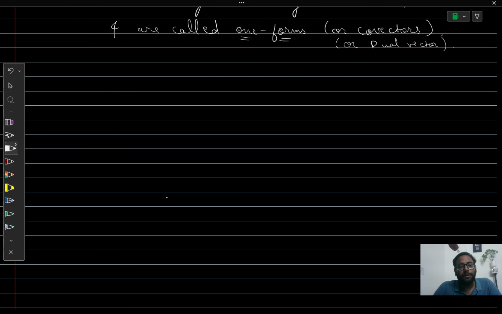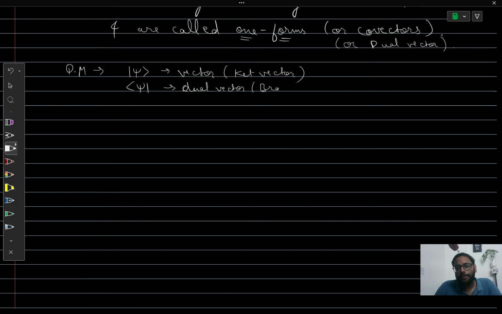Okay, so of course you have studied in QM these kinds of things, that this is a vector, or say a ket vector, and this, sorry, this is a covector, or say you usually say this dual vector in quantum mechanics.